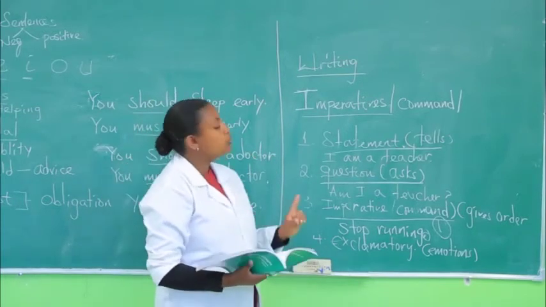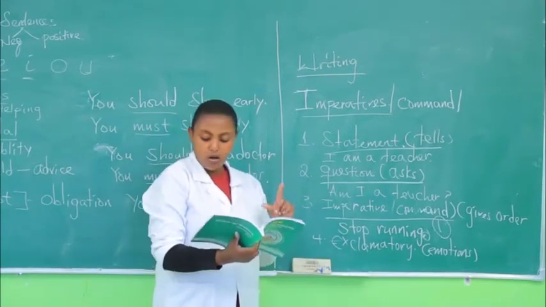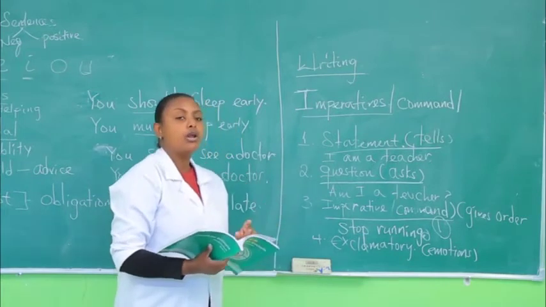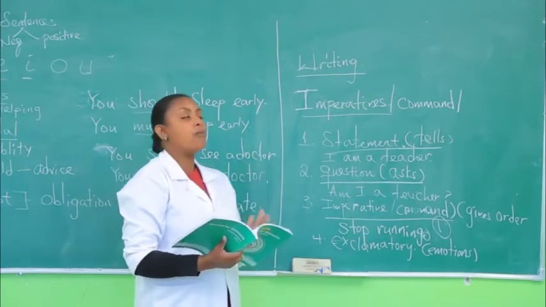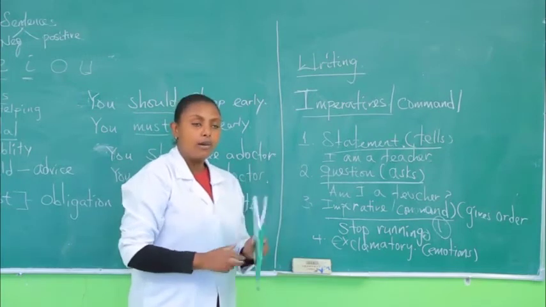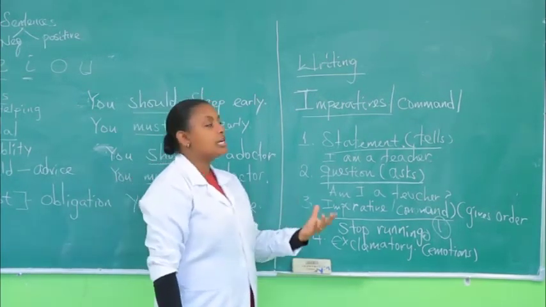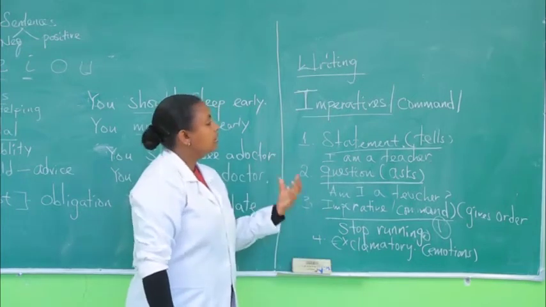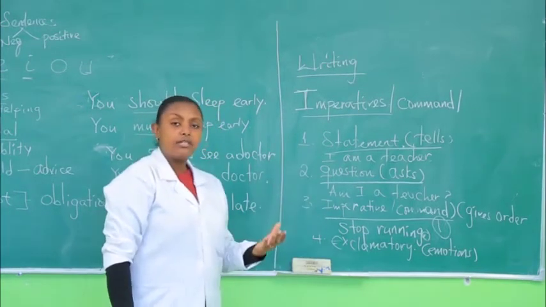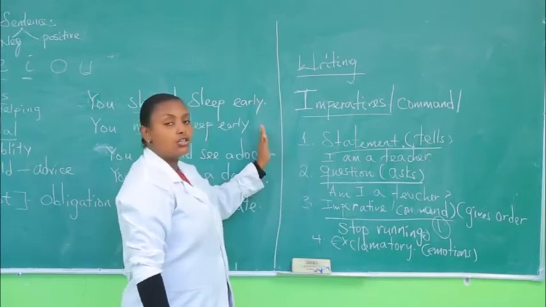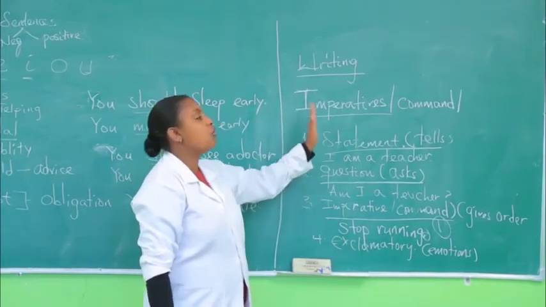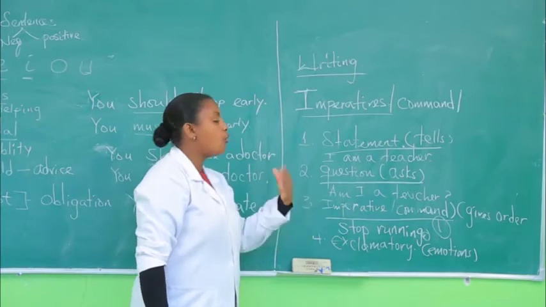The one that I want to give you as homework is on page 53. You are going to write 5 commands that you hear in your school. For example, your teachers and the principal tell you every day some things to do and some things not to do, which means they are giving you orders.